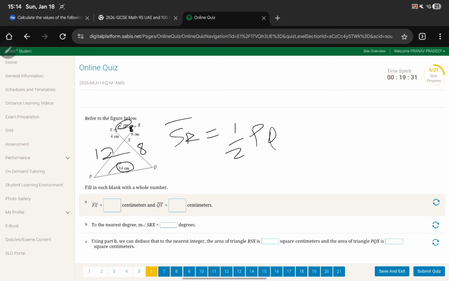For this question, what you have to do is use the cosine rule. So cosine rule for B. I won't write the rule, but I'll just quickly solve it.